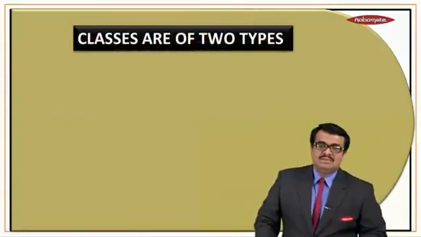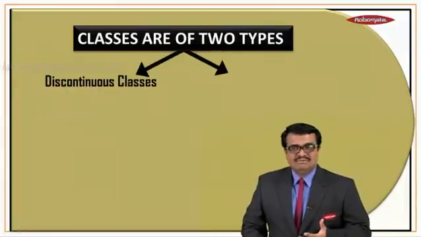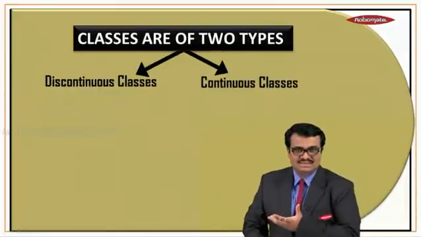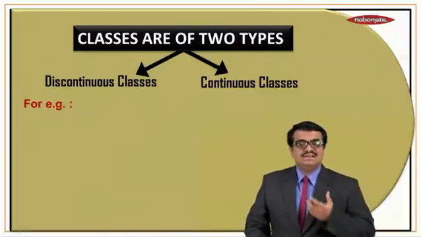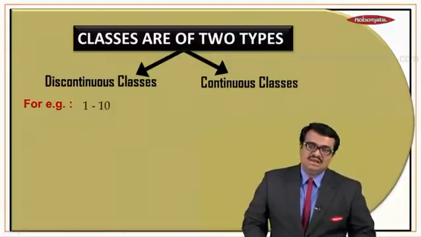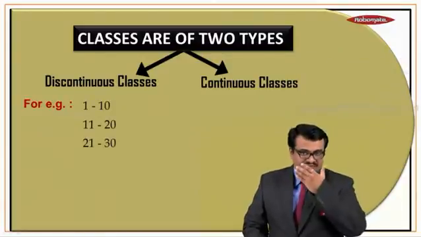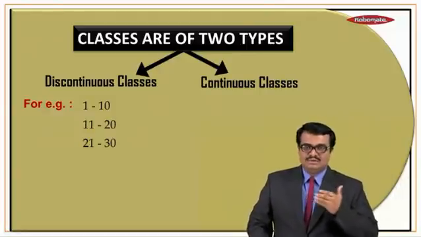Now, coming to classes. Classes are of two types. The first type is called discontinuous classes and the second is called continuous classes. Okay, coming to discontinuous classes, how do they look? For example, you can see the first column, 1 to 10, 11 to 20, 21 to 30.